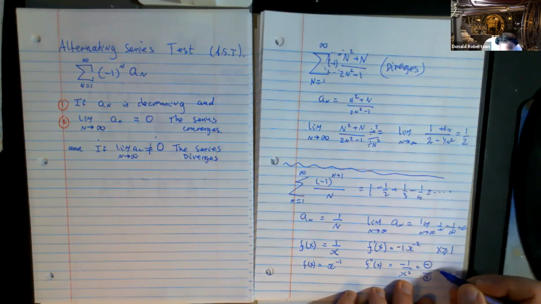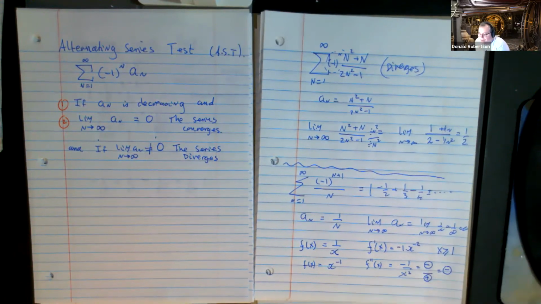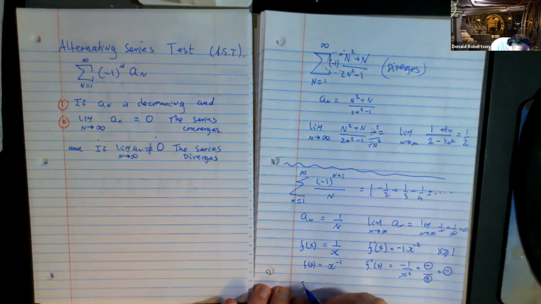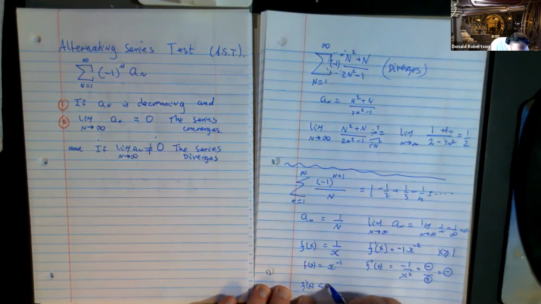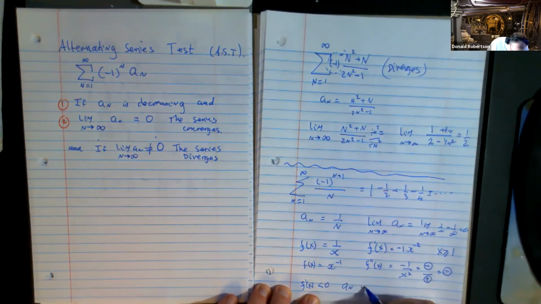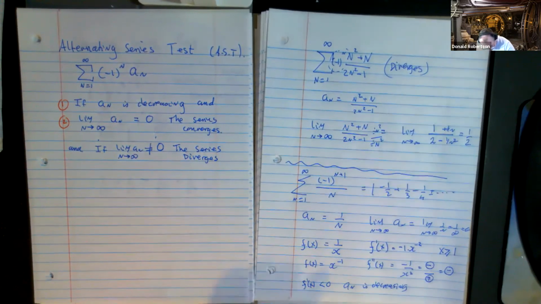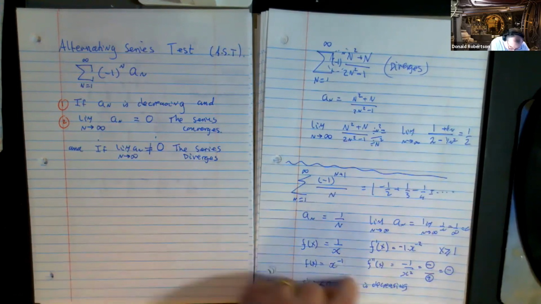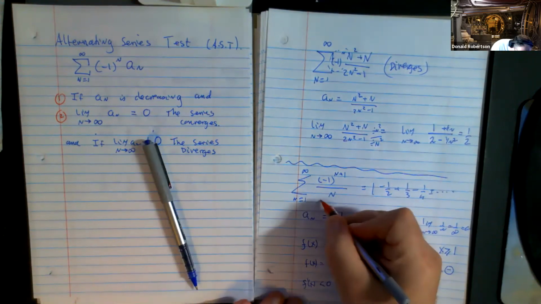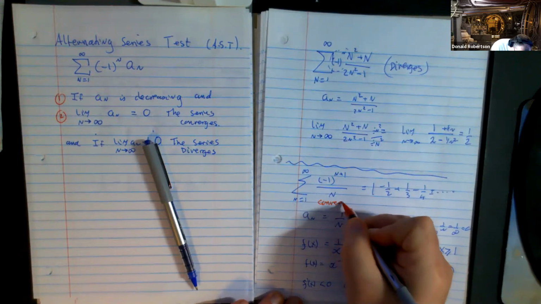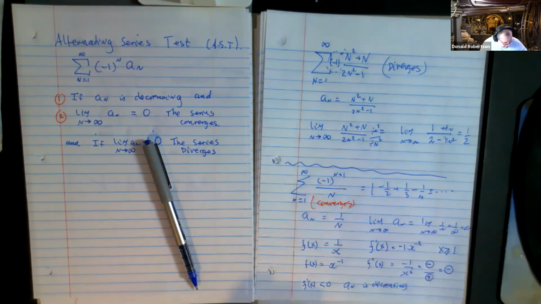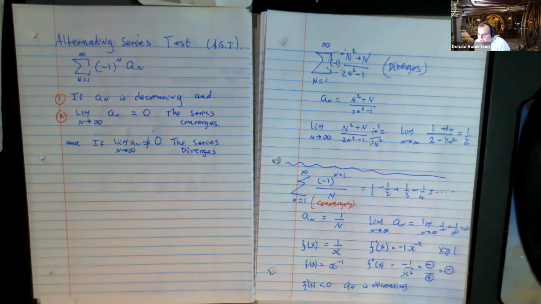Isn't a negative over a positive negative? Haven't I shown that the derivative is negative? I mean, that's the way I'm proving it. And since it's negative, AN is decreasing. So its limit is 0 and it's decreasing. That means this alternating series is a converging alternating series.